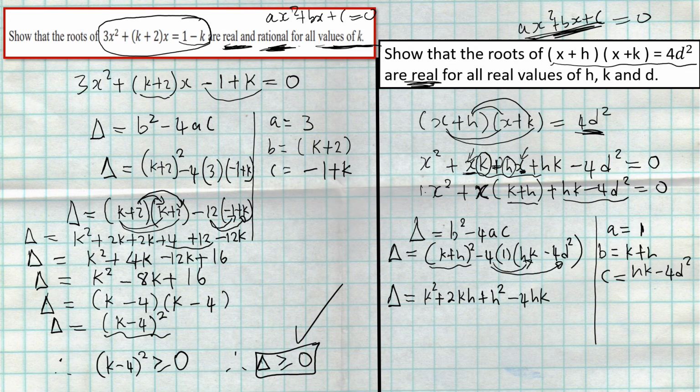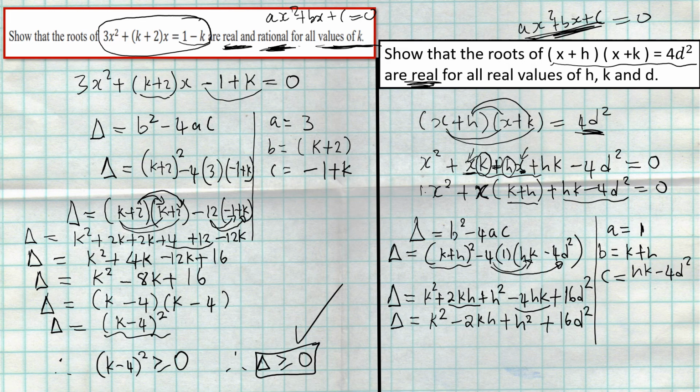Minus 4 times minus 4d squared is positive 16d squared, right? So my delta is going to be equal to k squared. Can you see there's a common factor? I mean, like terms there. 2kh and minus 4hk is going to be minus 2kh, plus what? h squared plus 16d squared.